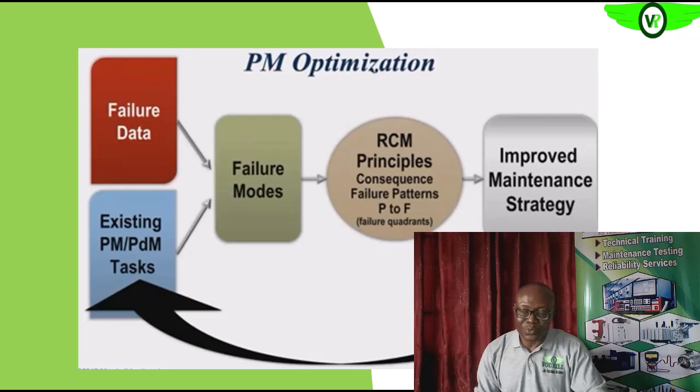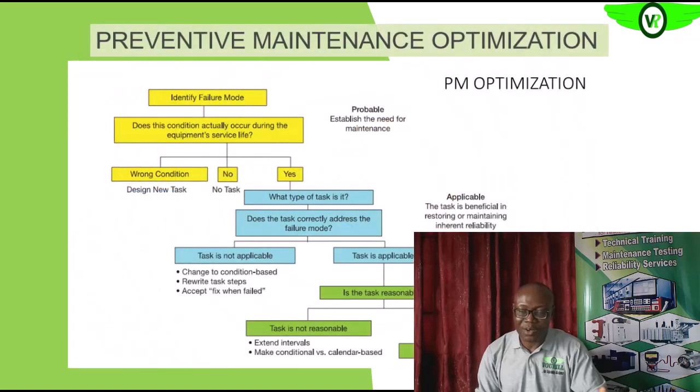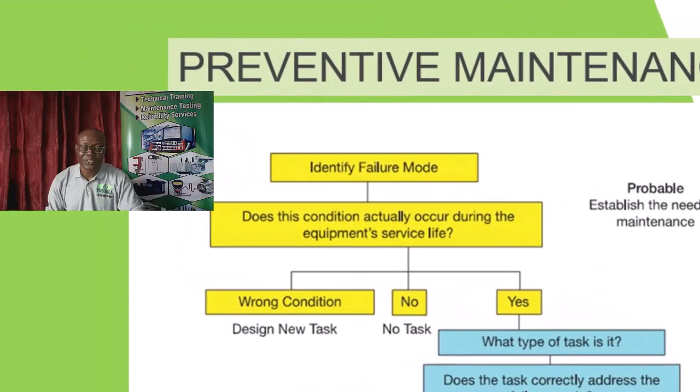So what do we need to do when we are optimizing our maintenance strategy or our maintenance program? First, like we said earlier, you identify all the failure modes associated with the operations of that asset.